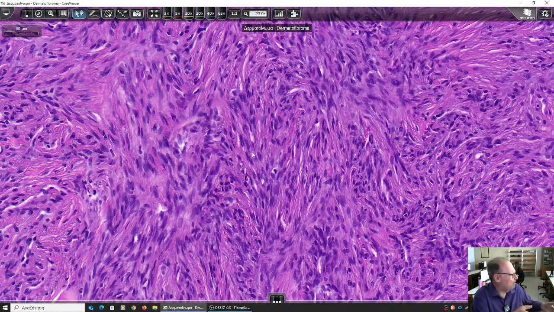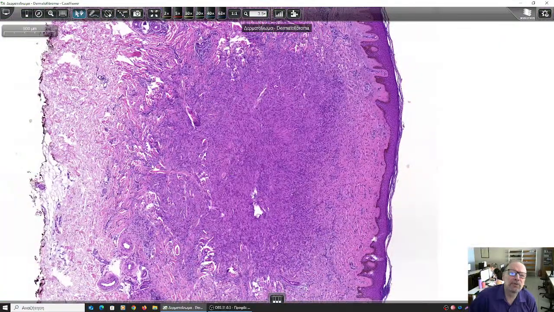They are all spindle cells coming from fibrous tissue, so it looks benign. However, it might have some sort of pseudo-invasive border, because being of mesenchymal nature, its margin is not so well demarcated. However, in this case, this is not a sign of malignancy. Okay? This is a benign lesion.